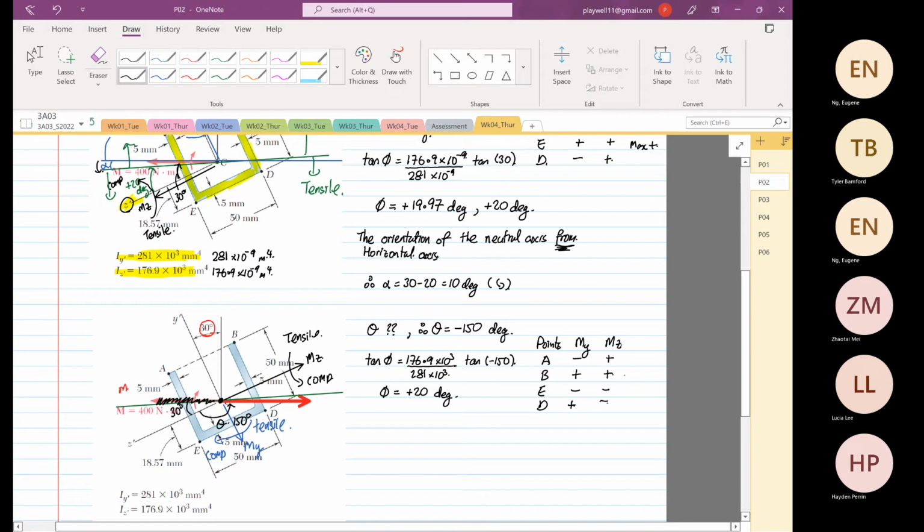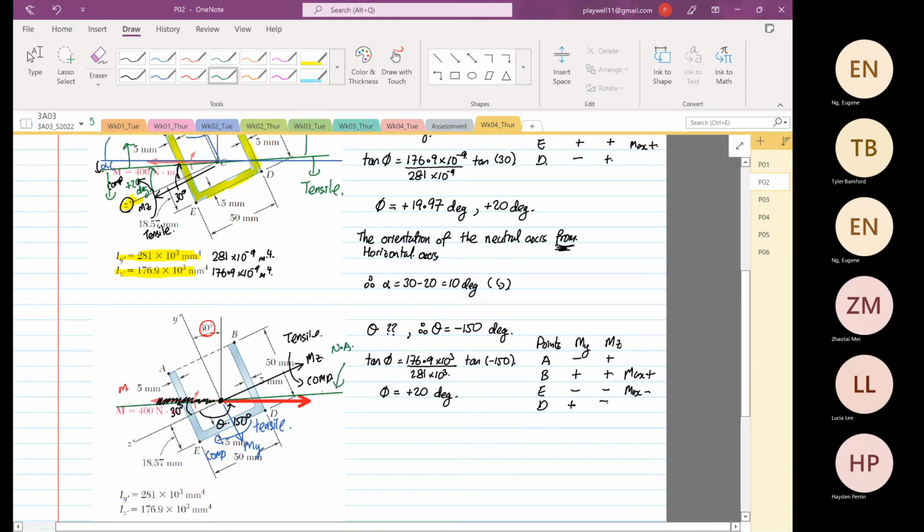So this will be maximum tensile. This will be maximum compression. So based on the orientation, we know that this is the green that I've drawn. This is our neutral axis.